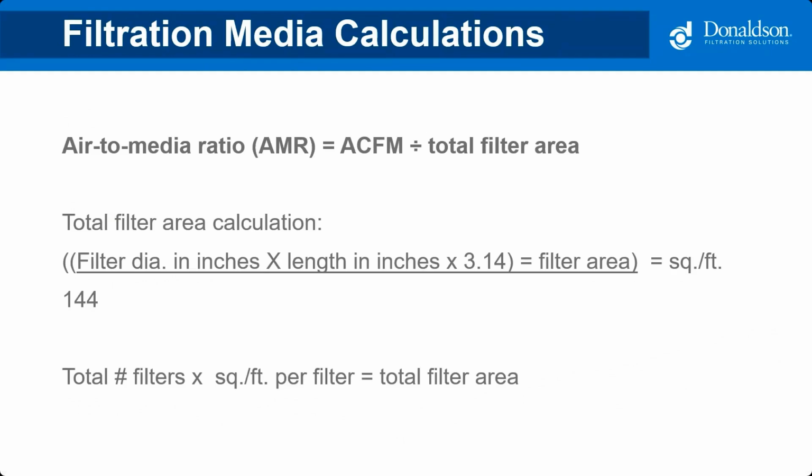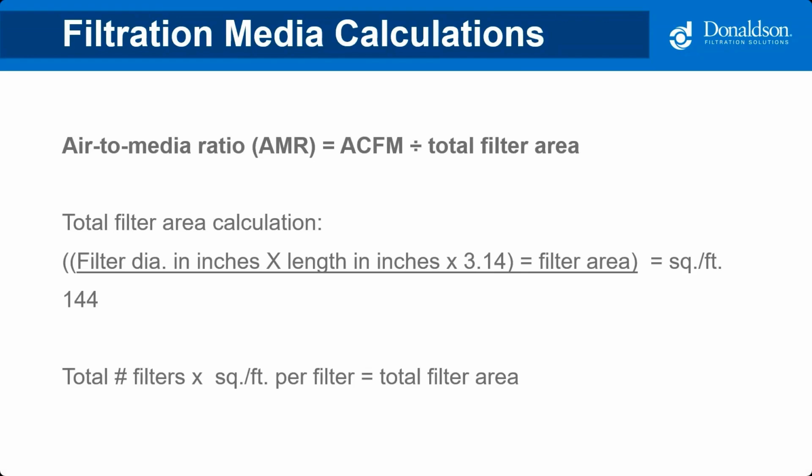But you want to make sure you're taking it times 120. So then you have square inches. You take that number and divide it by 144, and that's going to give you square feet of cloth per filter. And then you just take that times the number of filters. Now you know how much cloth you have in your baghouse.